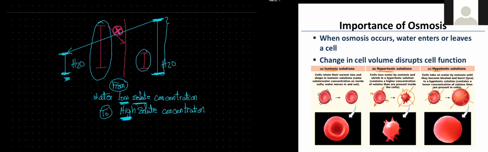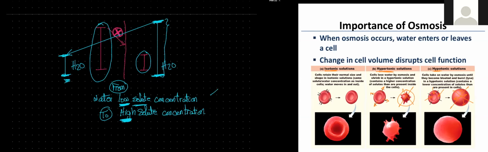So is this passive or active? It's still passive, although you say the water travels from low solute concentration to high solute concentration. Please pay attention at this point. Very, very, very important.